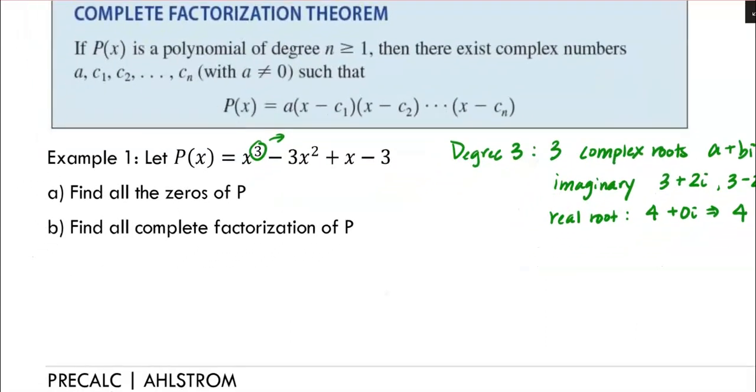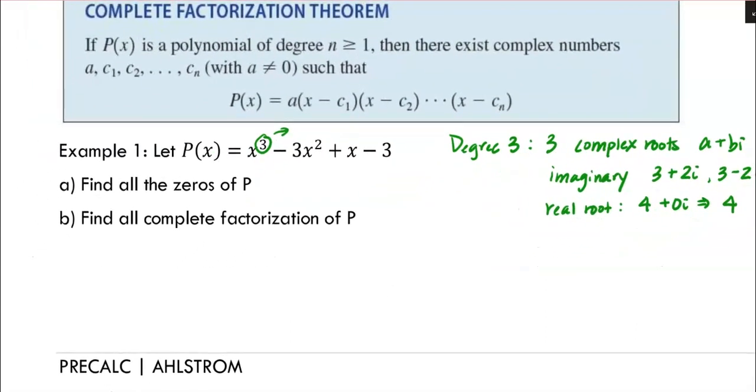Okay, so let's go ahead and find all the zeros. How do we find all the zeros? Well, first we can set this equal to 0, or y equal to 0. Let's try grouping.